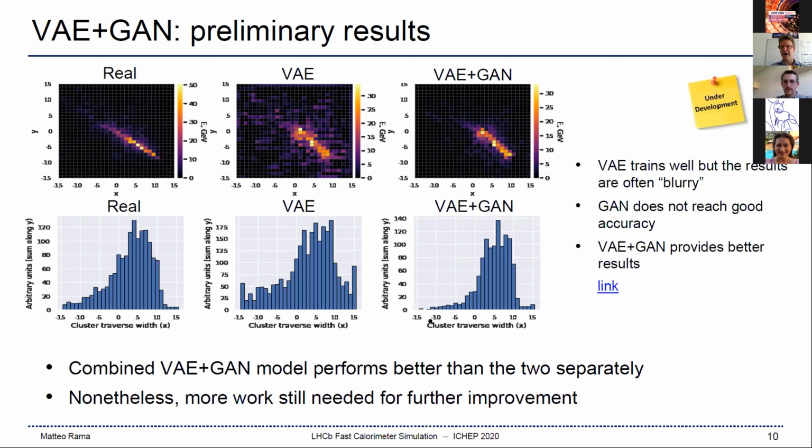Here on the right, I will put a link where you can find the names of the people in the team working on this part, and also some more details on the ongoing work.